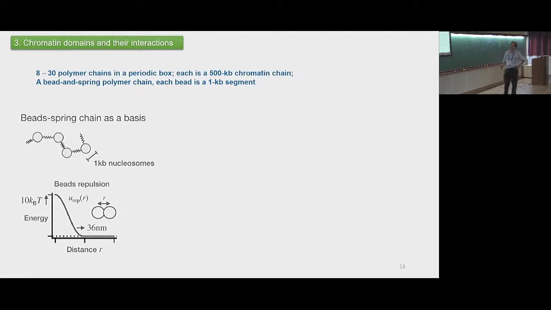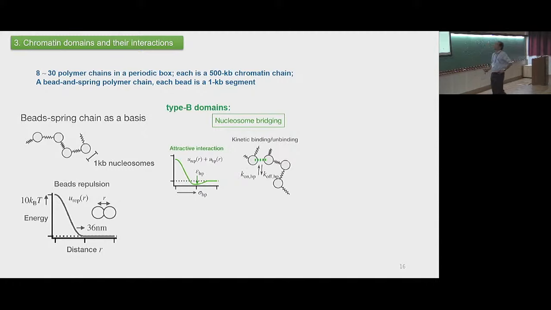One is the repulsion between nucleosomes, which is just the excluded volume. The other is attractive interactions, coming from this type of interaction or HP1-mediated bridging between two nucleosomes. Both HP1-mediated interactions and this nucleosome interaction take place stochastically, depending on the configuration or the binding of HP1.